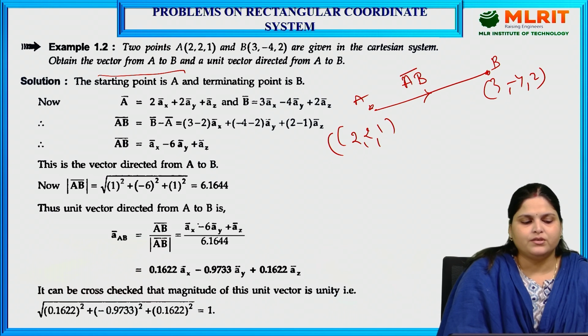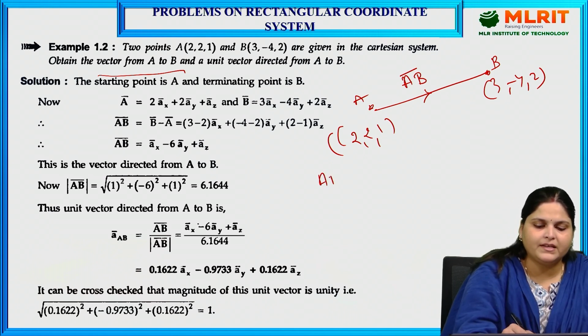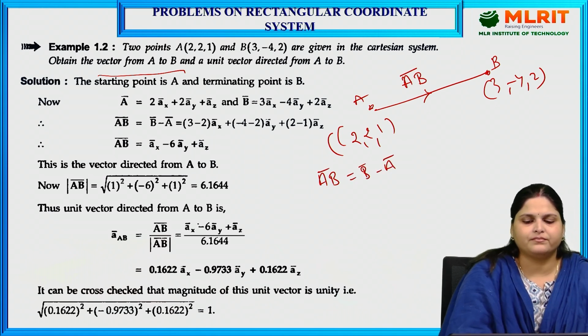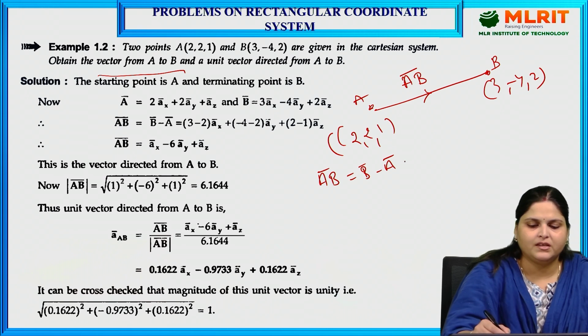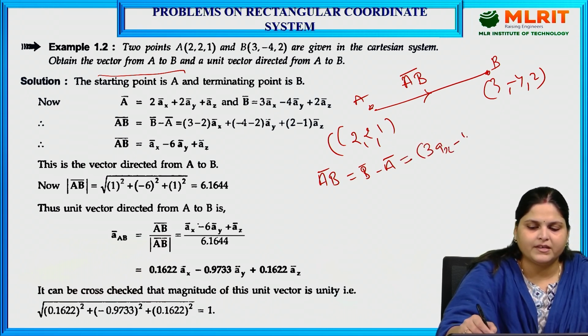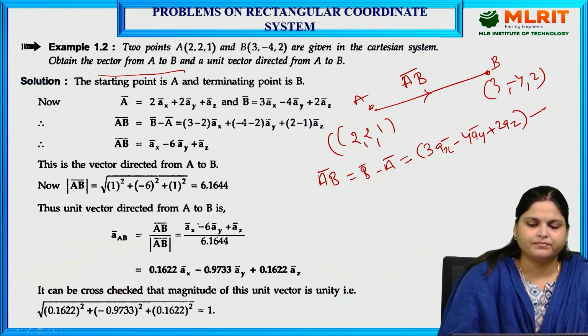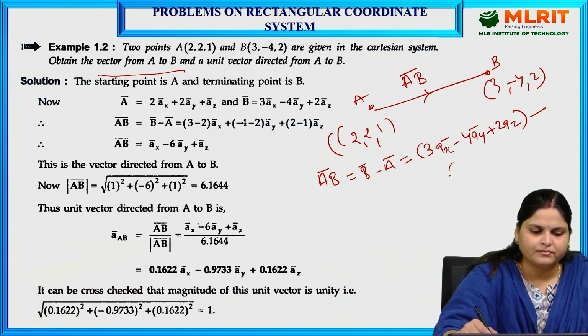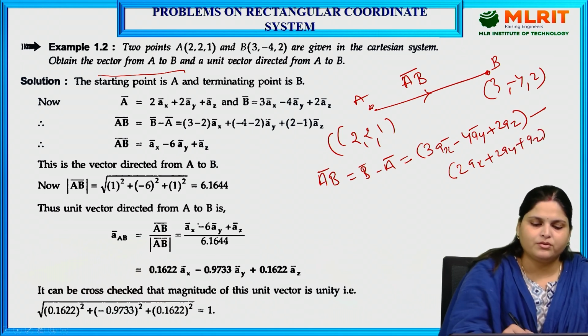To find the vector equation, we will write AB is equal to B minus A. Now B is 3ax minus 4ay plus 2az, minus A, which is 2ax plus 2ay plus az. So what will we get?